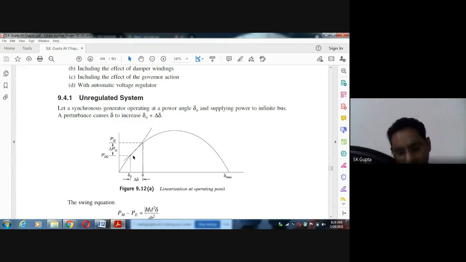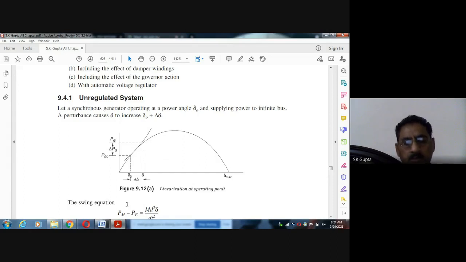If the change in disturbance is high, say if this power becomes PG0 and moves here, then this cannot be considered as linear. It is non-linear. So here the disturbance is small, only 10%. That's why this portion can be considered as linear.